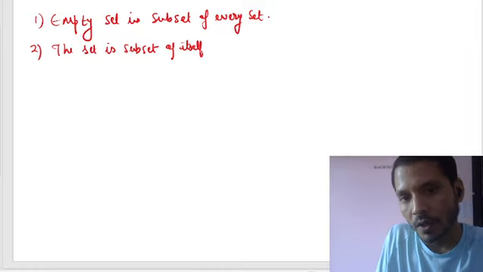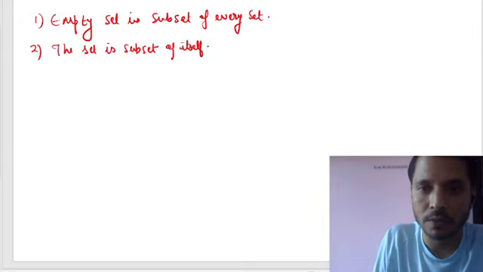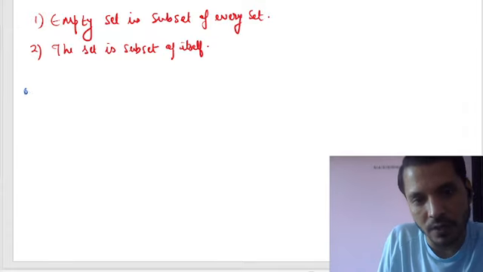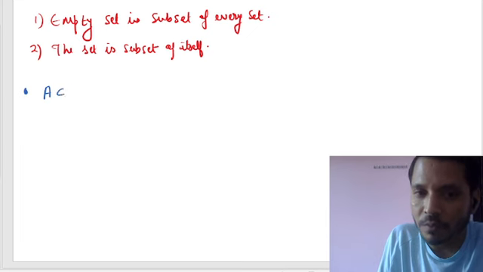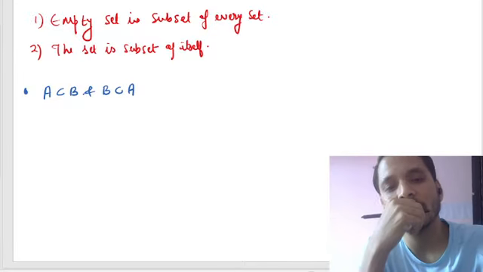Now we have to understand two more points here. Let us suppose we have two sets. I'm saying A is a subset of B, and at the same time B is a subset of A. Is it possible that A is a subset of B and B is a subset of A?